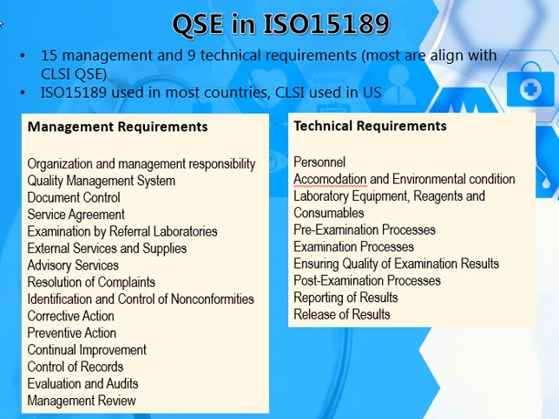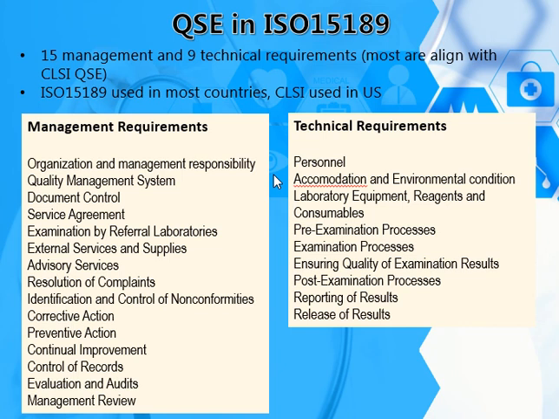So for QSE, Quality System Essentials, in ISO 15189, it has 15 criteria for management. Yes, 15 criteria for management. You can read it by yourself, and 9 technical requirements, where most of the components are aligned with the CLSI Quality System Essentials.